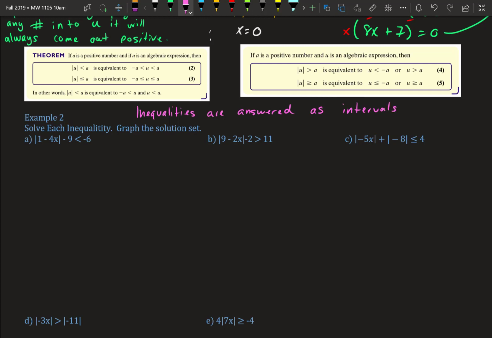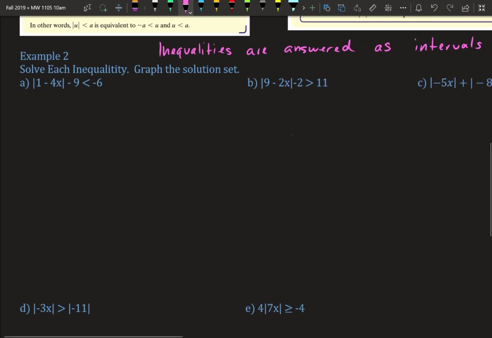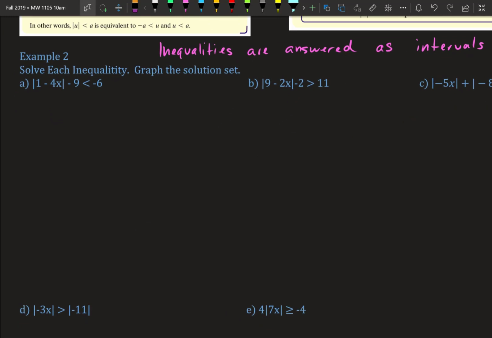So if you see inequalities or the inequality symbol, you're going to answer in interval notation. You could use set notation, but we use interval notation. That's what's used in calculus. The same rules apply, actually. We treat these no different. Everything else is going to be the same.